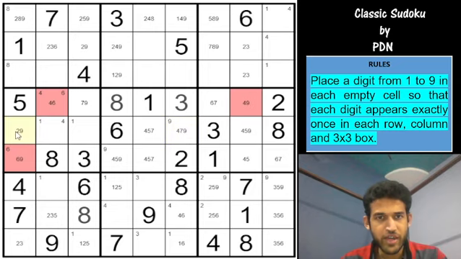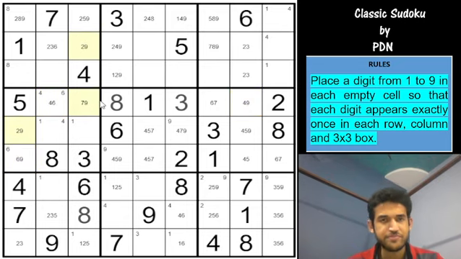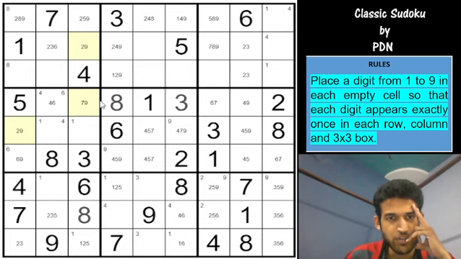So I have a 2, 9 here, a 7, 9 here, a 2, 3 here. All these bi-values are really interesting. Let me remove the colors from these cells. 2, 9, 7, 9, 2, 9. It's something which I need to really look at.